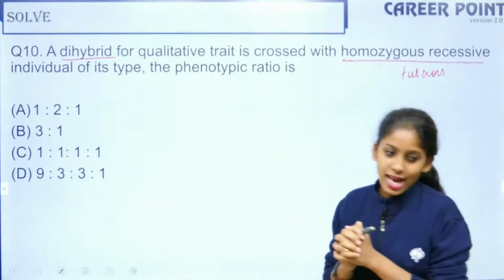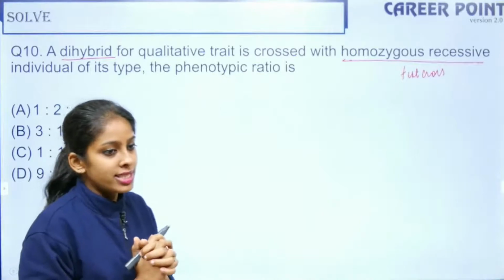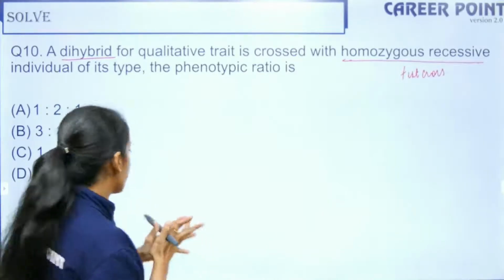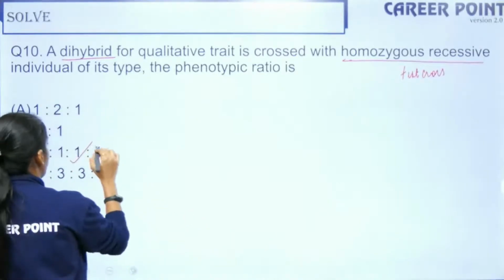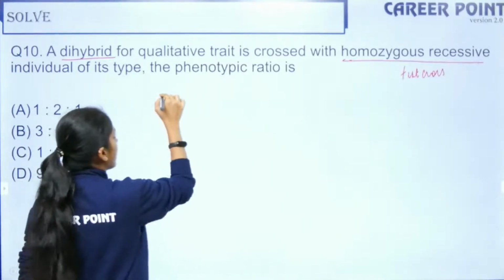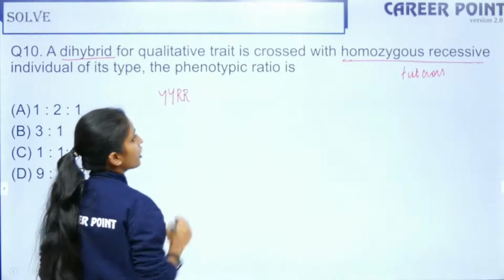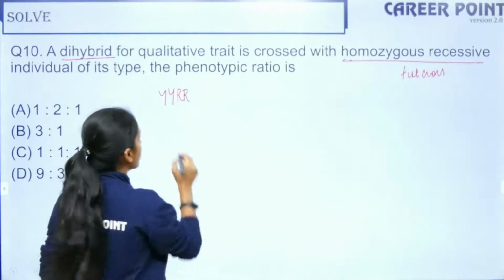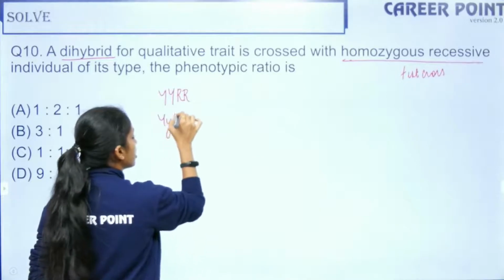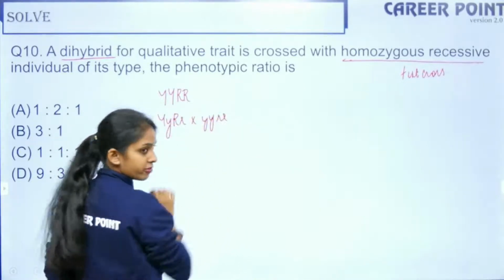Answer is D. No, Antony's answer is right. Antony and Prince are right. It is 1:1:1:1. How? In your dihybrid, it is crossed with a homozygous recessive, meaning the F1 generation is crossed with your homozygous recessive.